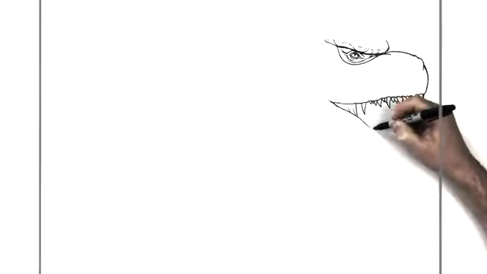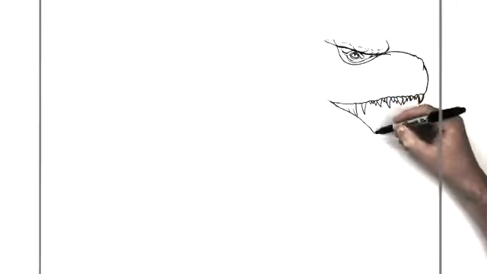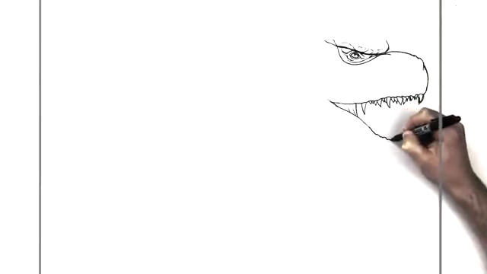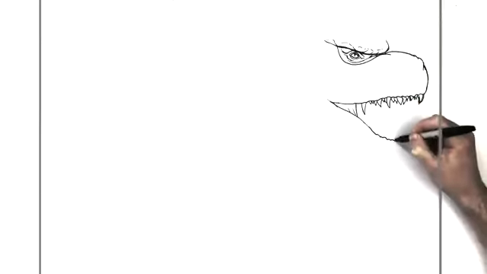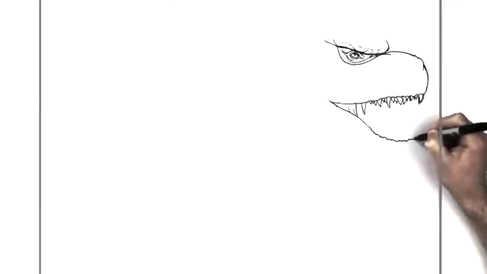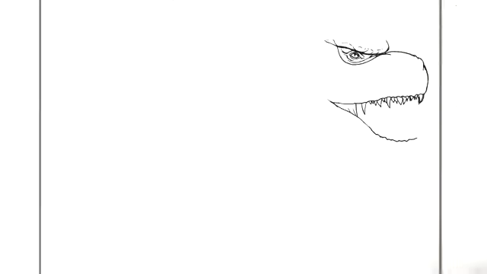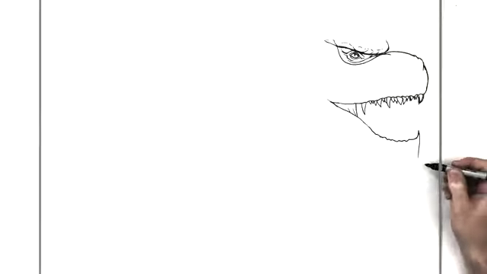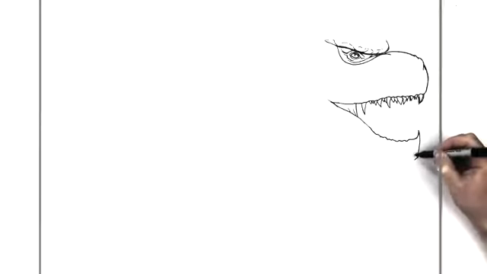Then this is his bottom jaw. It keeps coming across the front here, again with a bumping line coming across the bottom of his chin, like so. Then this comes up to the side here, and his chin will come down and roughly go around this way.